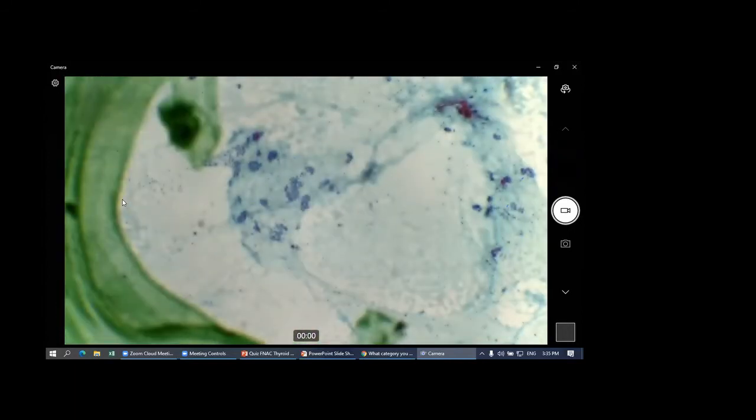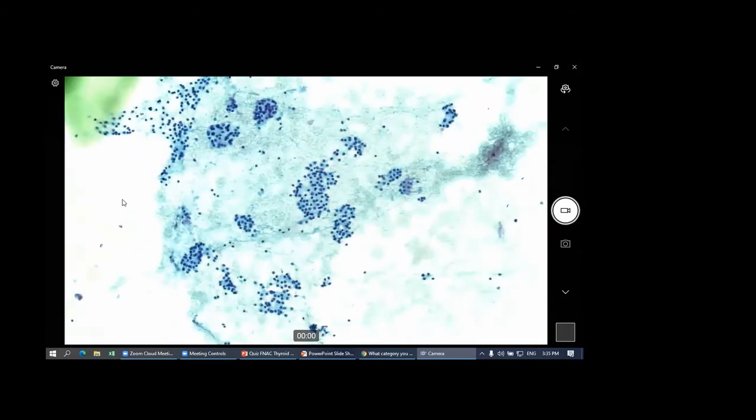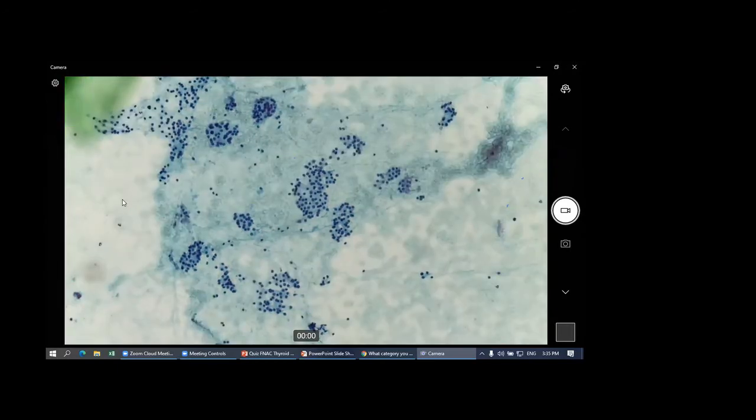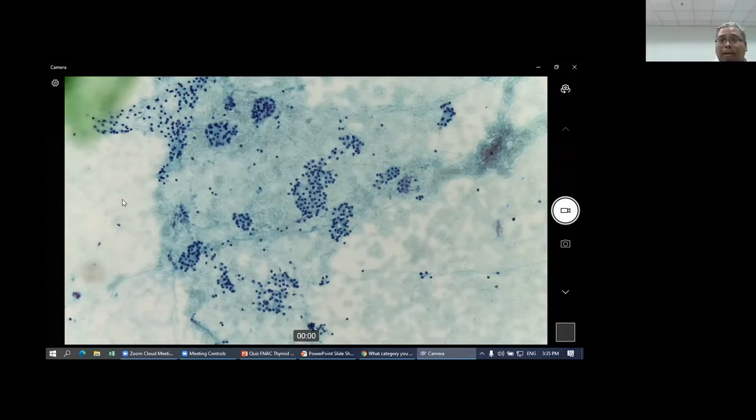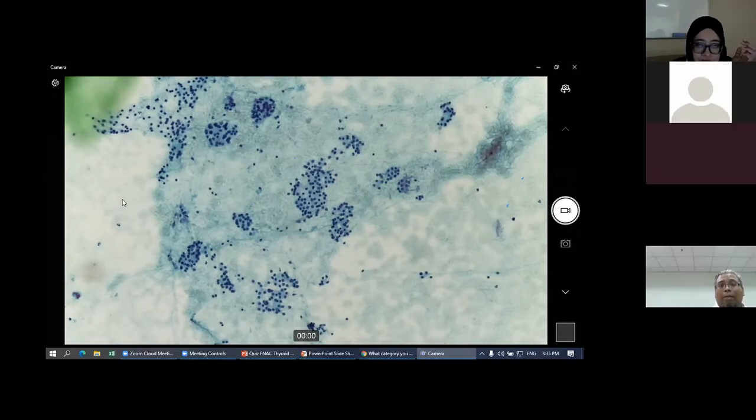Okay, another slide. This one is a bit different. Can you see that? Yes, we can see that. It's quite clear. So basically, there's not much colloid.